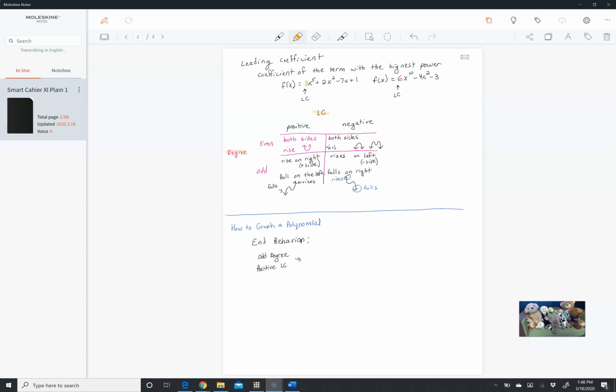What this means is, and you can see this above, that if it's odd degree and a positive leading coefficient, it means that each side does different things, and then it also means that it's going to rise on the right. So we're rising on the right, and we're falling on the left.